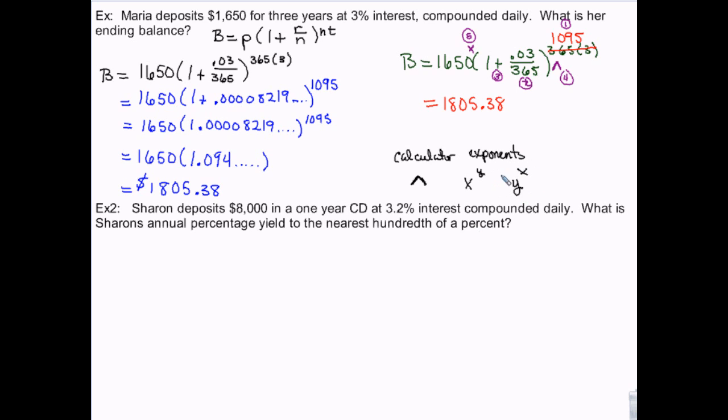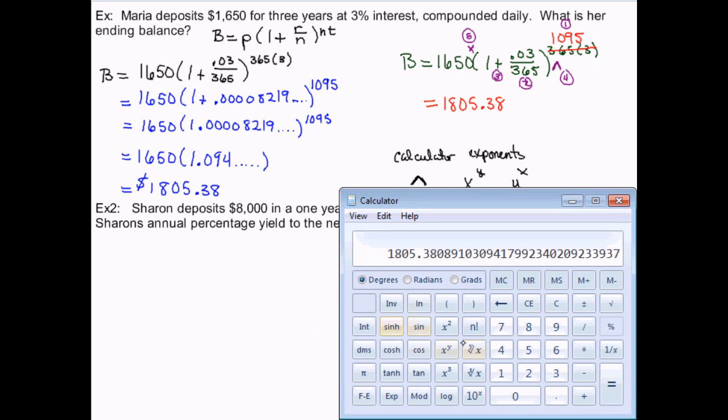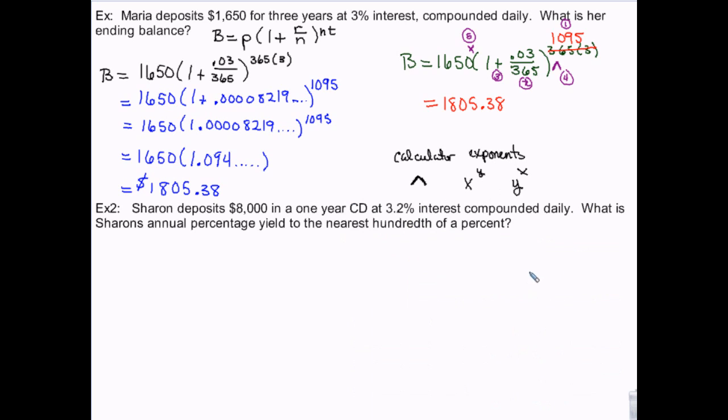I believe Casios have the y to the x. TIs, depending on which version, have one of these two. And as you can see here, this has the x to the y. The Apple calculator, when you turn your phone sideways, has the x to the y.